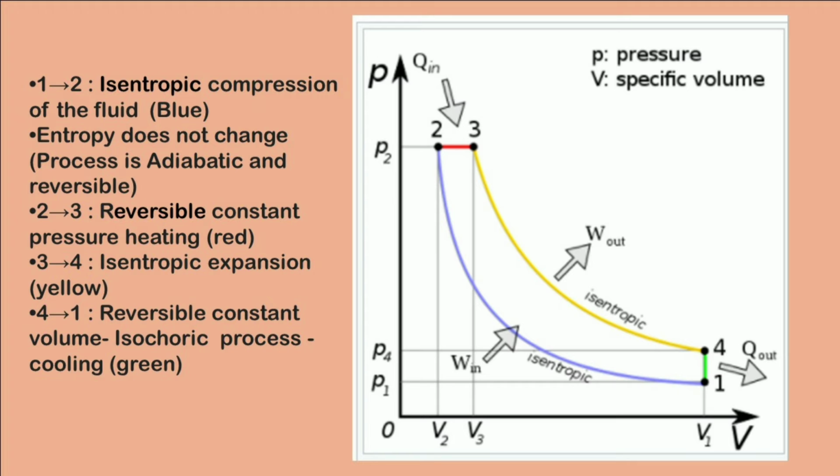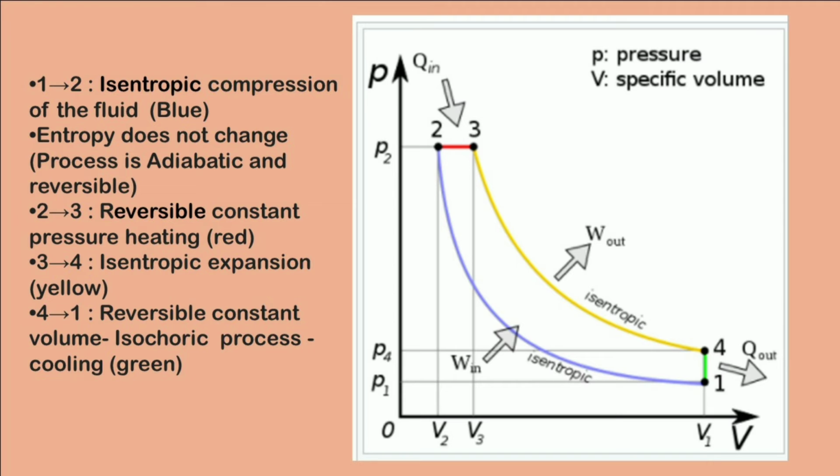The net work produced is also represented by the area enclosed by the cycle on the PV diagram. The net work is produced per cycle and is also called useful work, as it can be turned to other useful types of energy and propel a vehicle, or kinetic energy, or produce electrical energy.